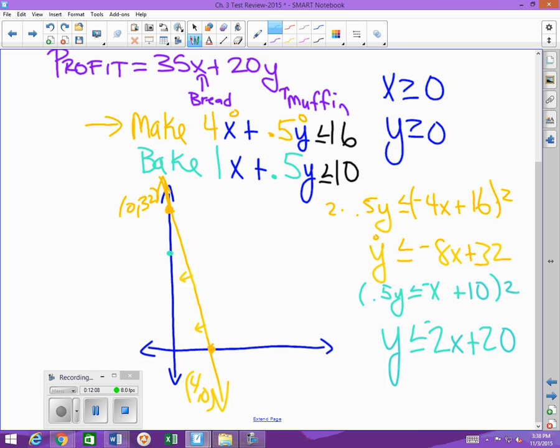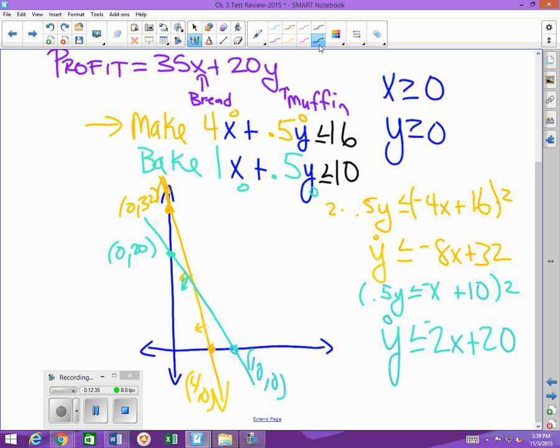And then we're going down 2 and over 1, so we're going like so. This point here is 0, 20. That coordinate right there would be 10, 0. So again, to find that value, you put a 0 in for y and solve that, and you're going to get 10. Now to figure out what side to shade on that, if you put 0, 0 in, that is going to be true. So we're going to shade below.